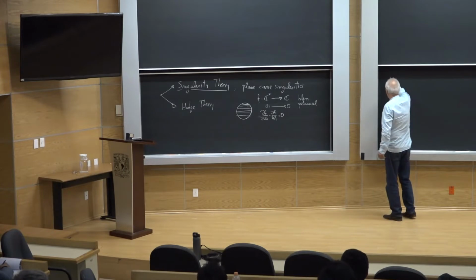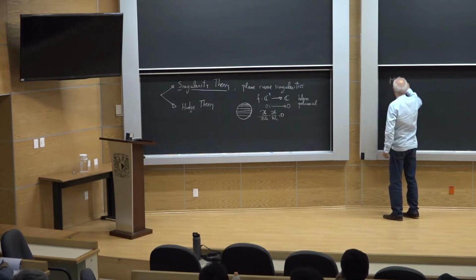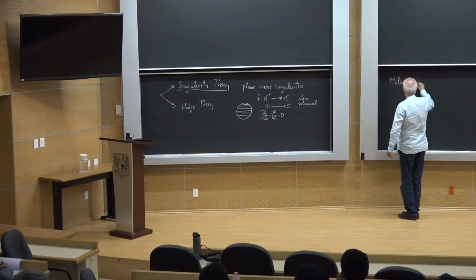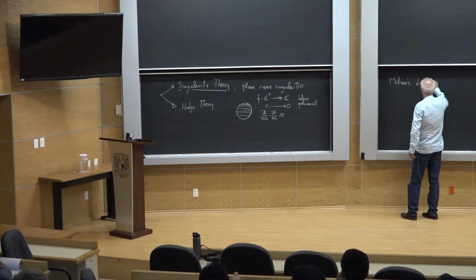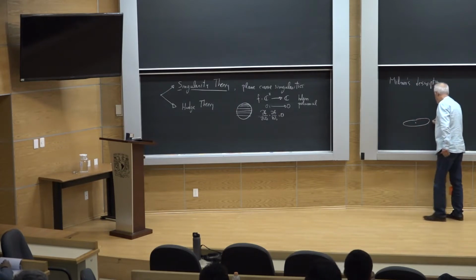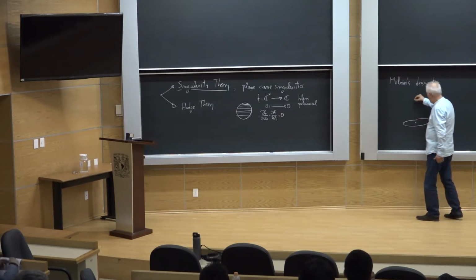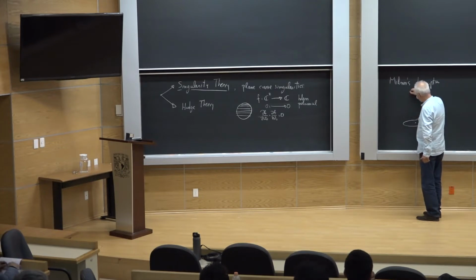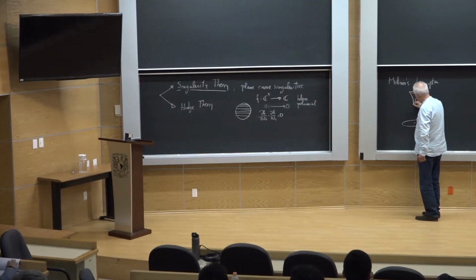Now, Milnor's description of what's happening here is the following. In the image, we have the disk. Then above 0, we have a singularity.